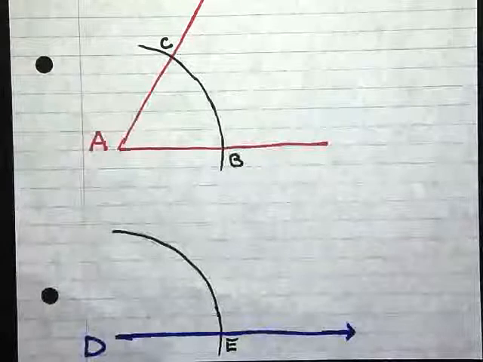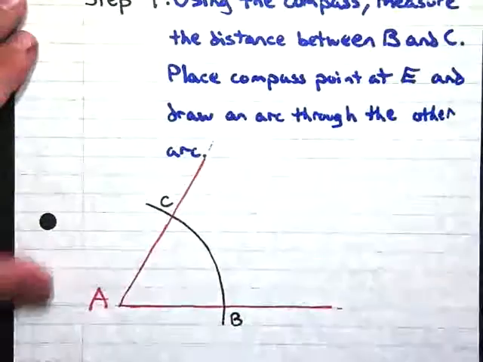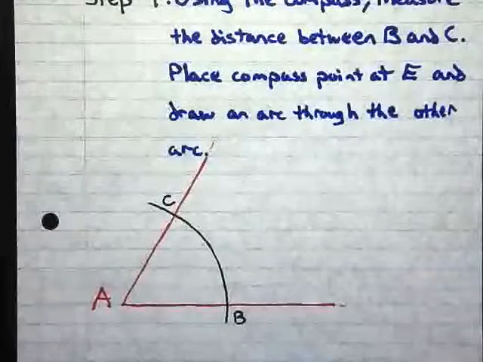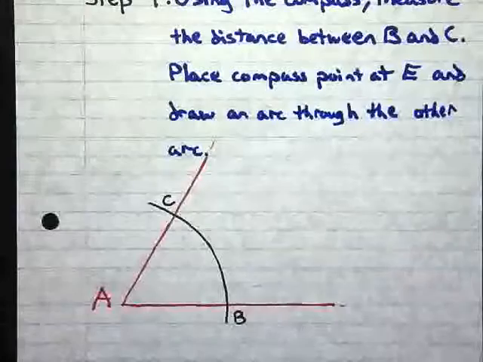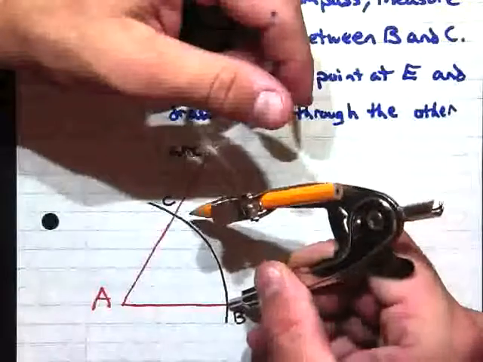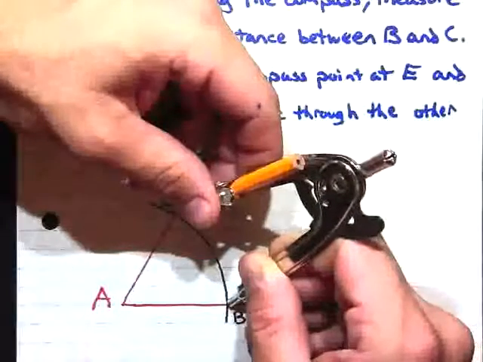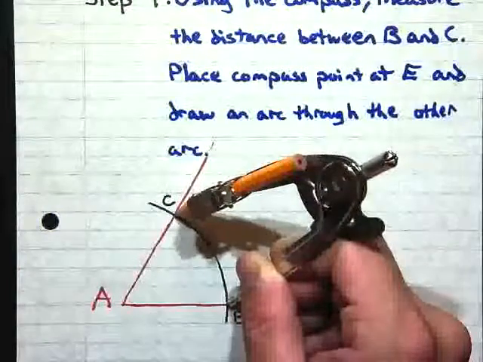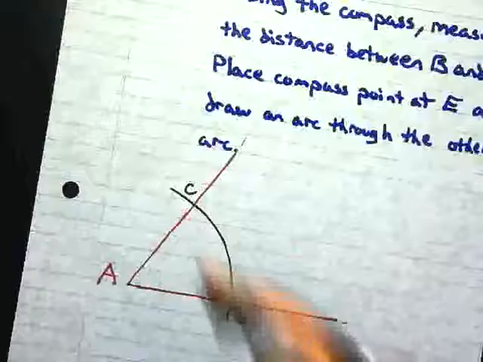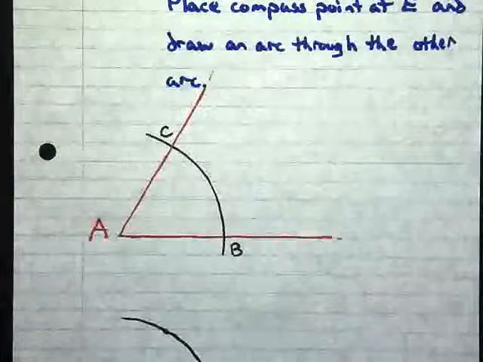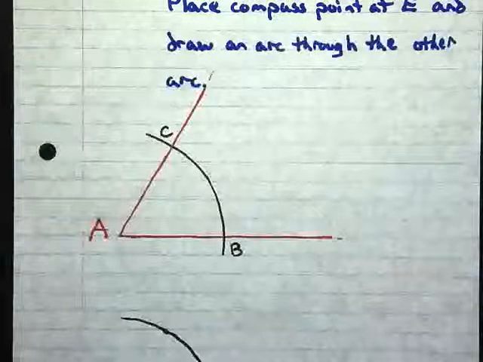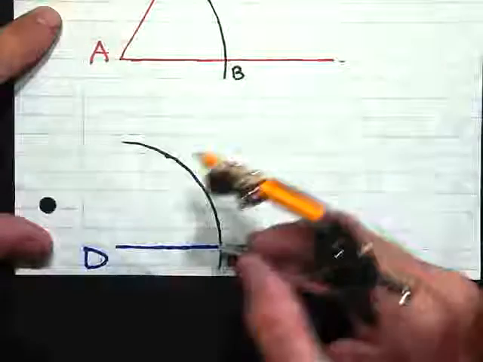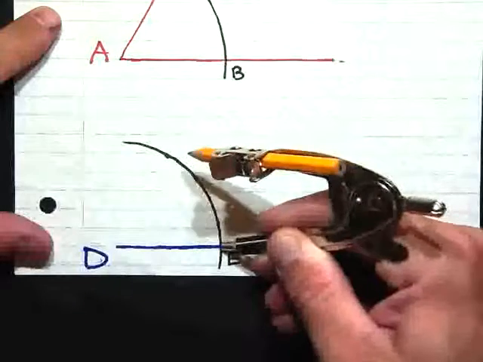Now that we're done with step three, let's move to step four. In step four, I use the compass to measure the distance between B and C. I place my compass point on B and open or close my compass until the pencil is sitting right at the point where that arc intercepts at C. Once I have that distance, I take that compass point, put it at point E, and draw an arc through the other arc.